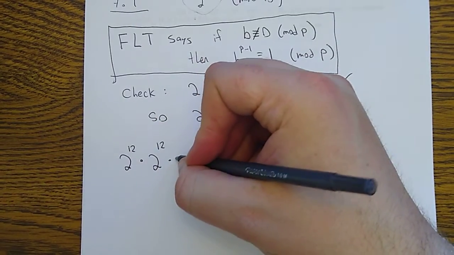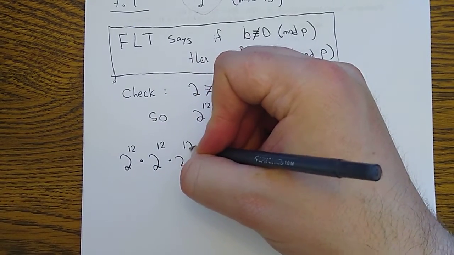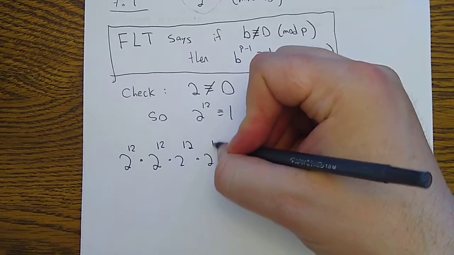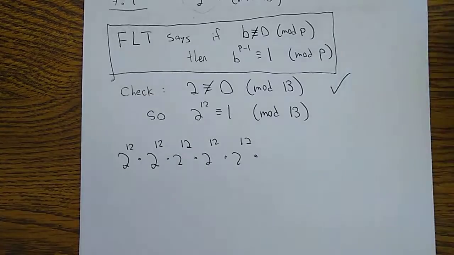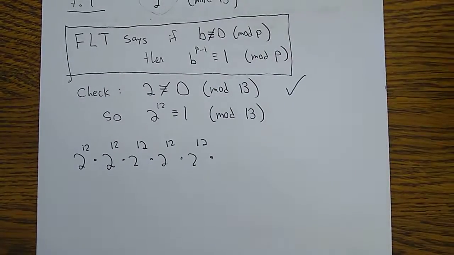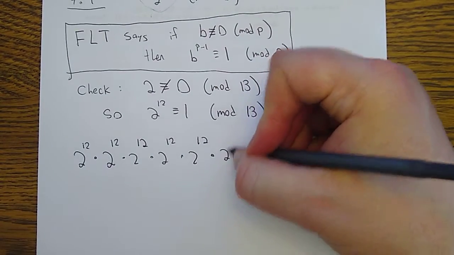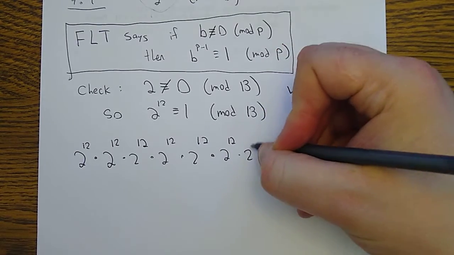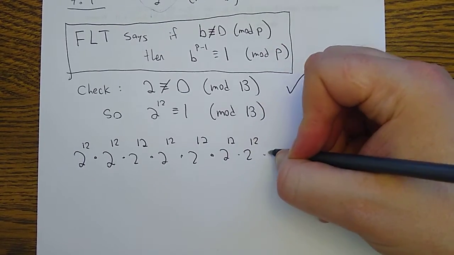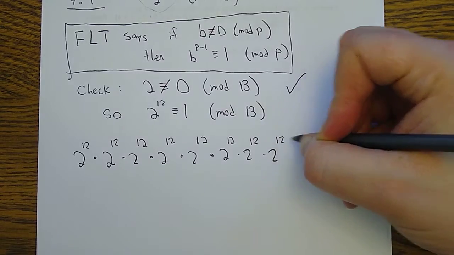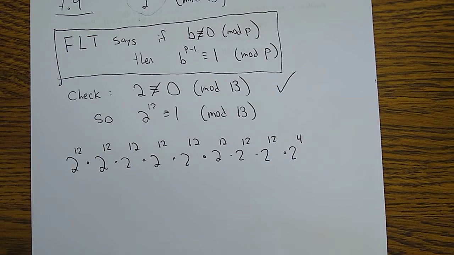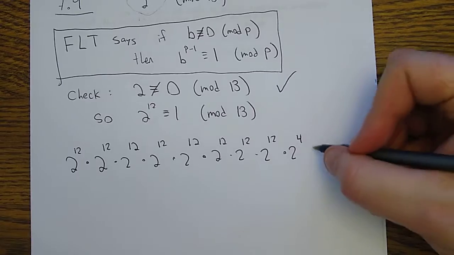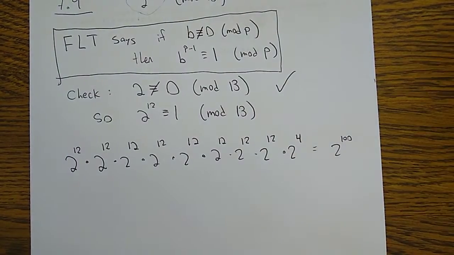Now I'm up to 24. Now I'm up to 36, 48, 60. I'm definitely not doing this the most efficient way, but this won't take that long. Now I'm up to 72. Now I'm up to 84. Now I'm up to 96. And that would be 2 to the 100th.